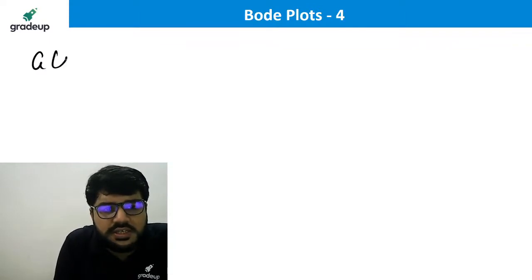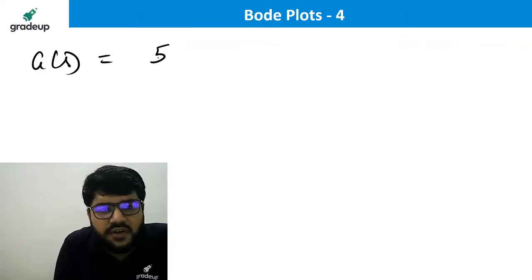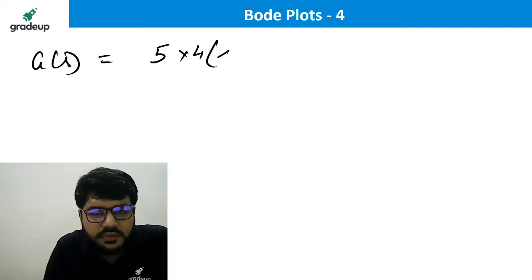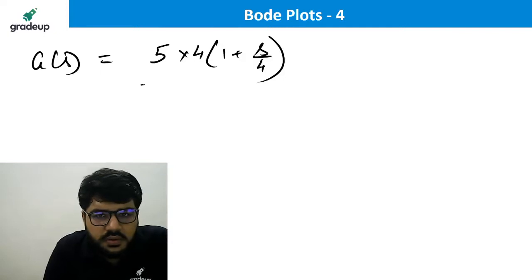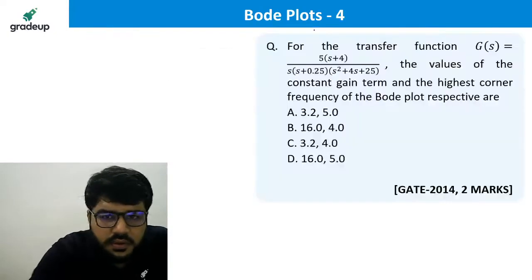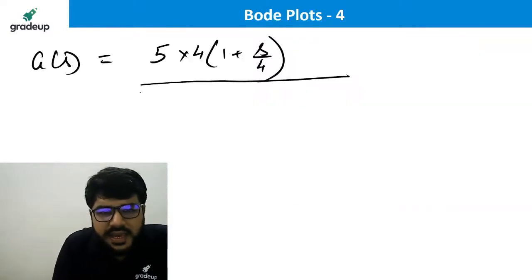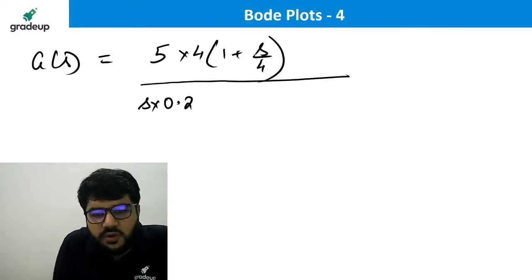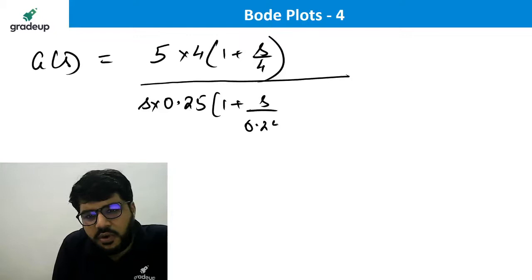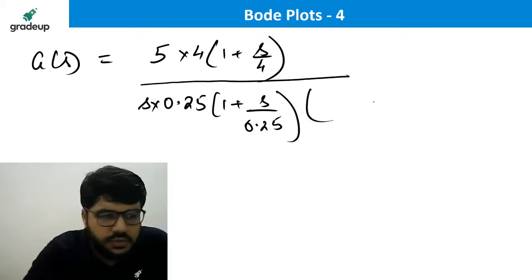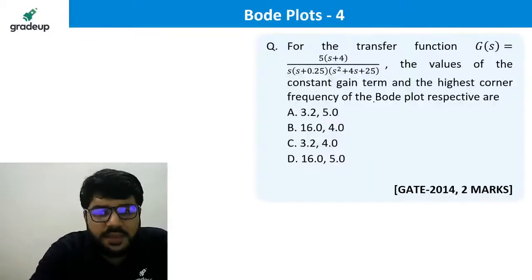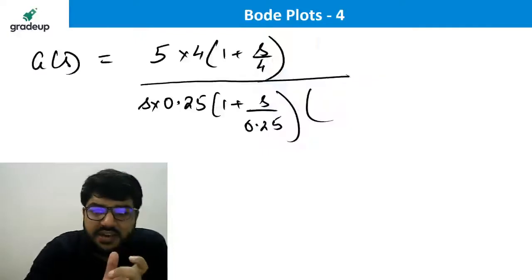So what is G(s)? G(s) is of the form 5(s plus 4). So I take 4 common, 1 plus s by 4, divided by s plus 0.25, so 0.25 common, I have 1 plus s divided by 0.25, into s square plus 4s plus 25, now a second order term.